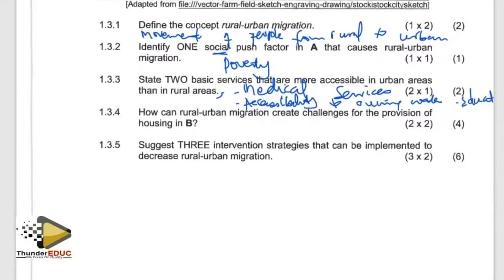How can rural urban migration create challenges for the provision of housing in B? How does it create challenges? So it will mean that houses are going to be insufficient compared to the number of people.